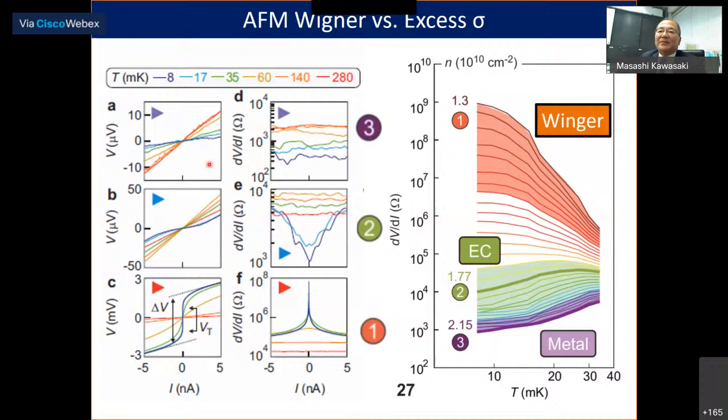If you take the IV curve or dynamic resistance, you see the metallic state, number 3, is quite boring, just a metal of two-dimensional electrons. And one is this Wigner crystal; as you see in the IV characteristics, you need a certain voltage to slip the whole crystal. This is something like the slippage of a charge density wave. You need a certain threshold voltage to drive the electrons, carrying charge.